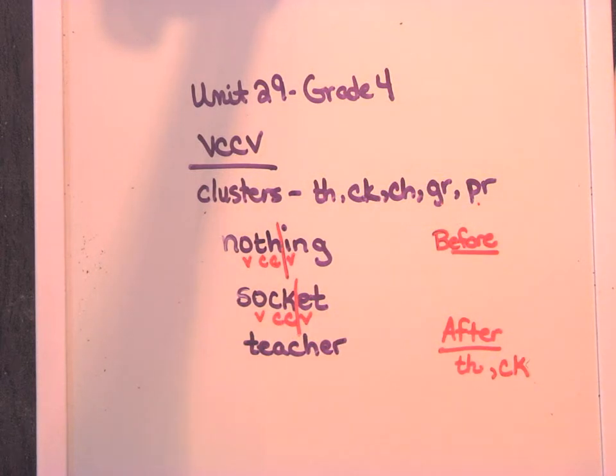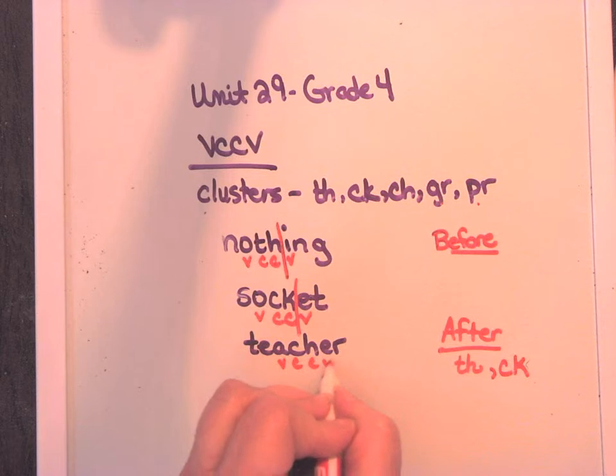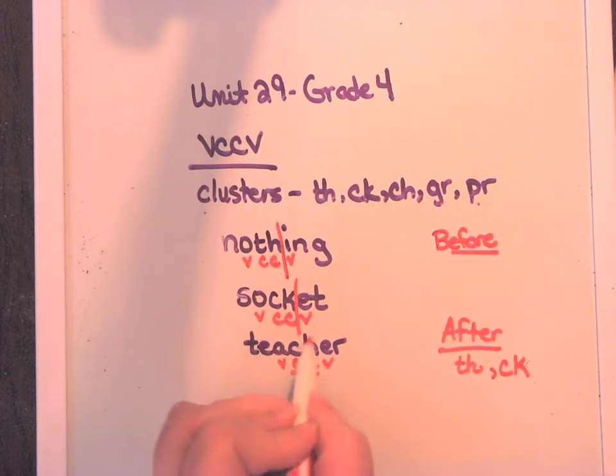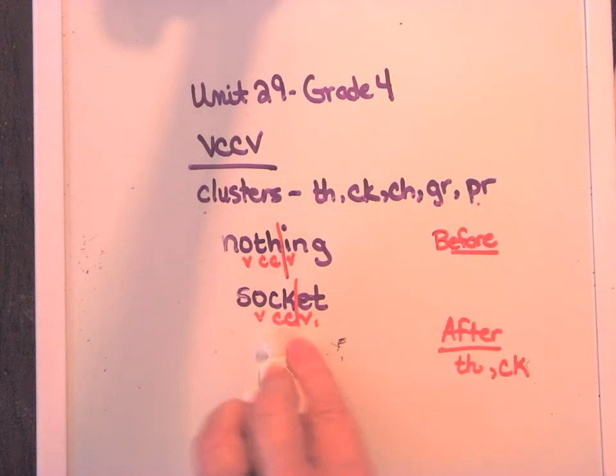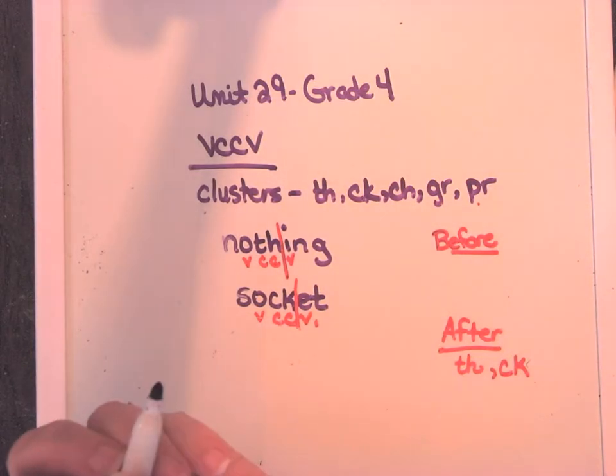I find my vowel, consonant, consonant, vowel situation. My cluster is CH, but that's not a good example because there's two vowels. We don't want the two vowel situation. Hold on. Let's do one of your basic words.